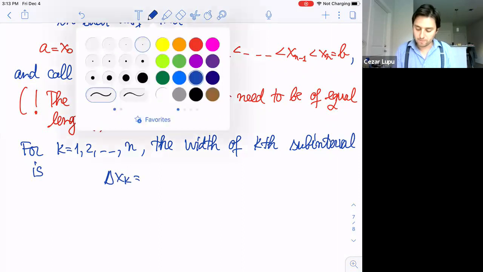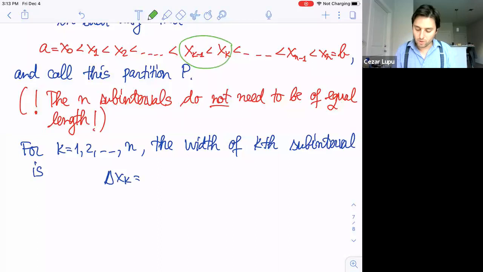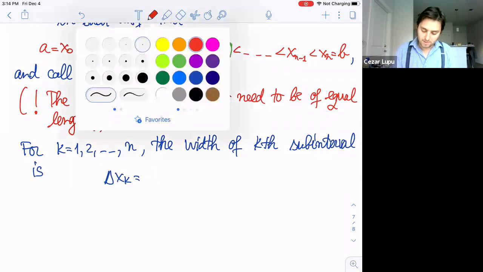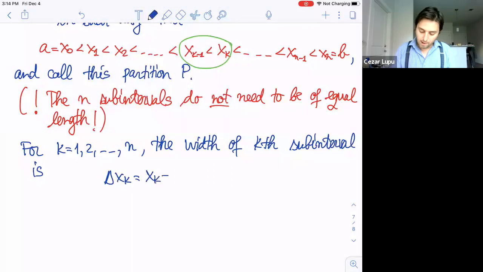Just look at these two terms, x sub k minus 1 and x sub k, and we take their difference. So this would be delta xk equals xk minus x sub k minus 1.